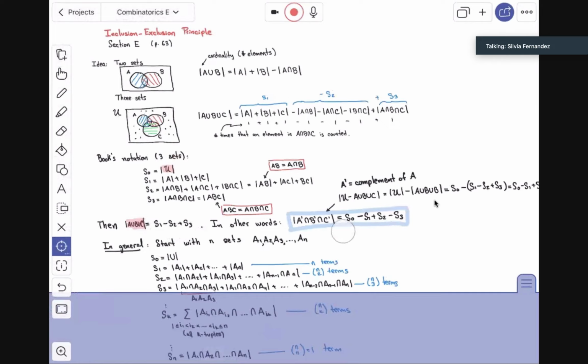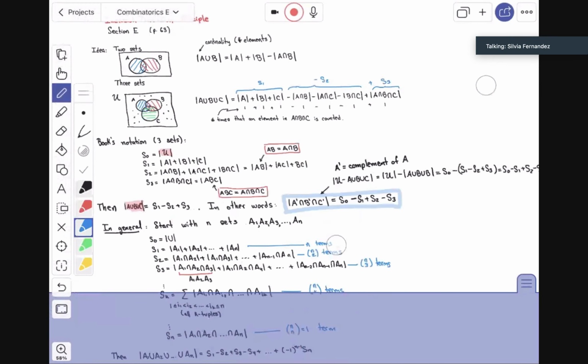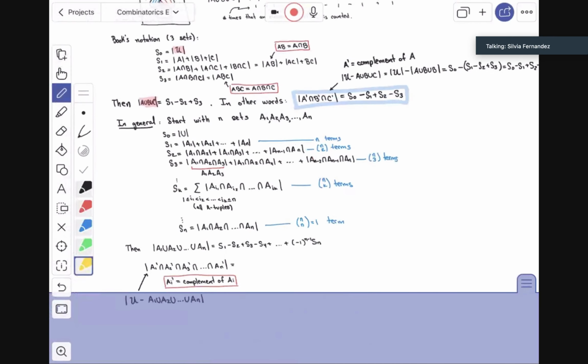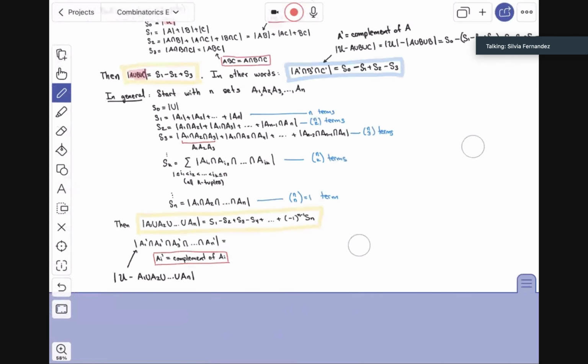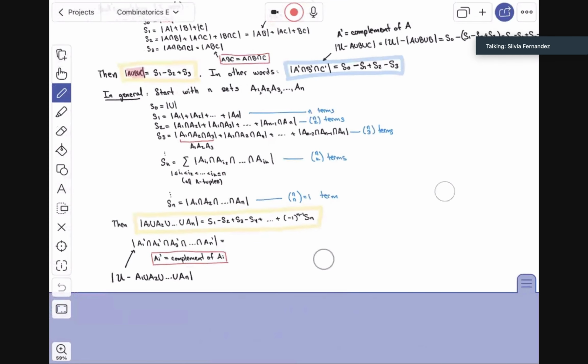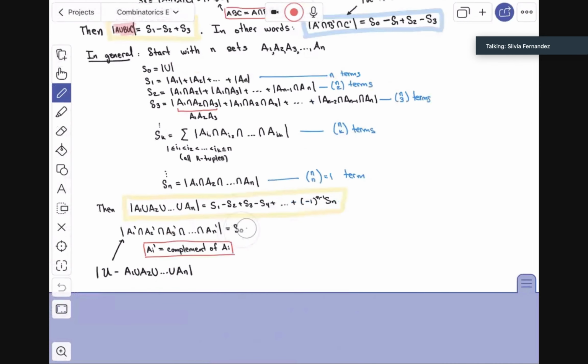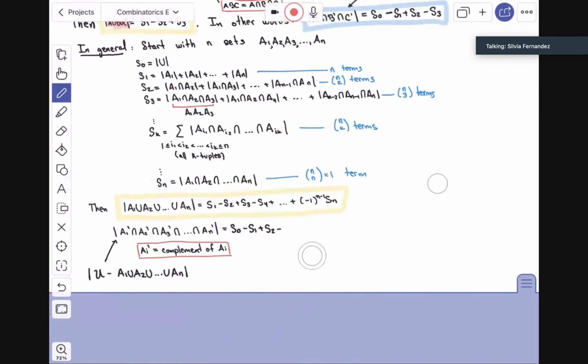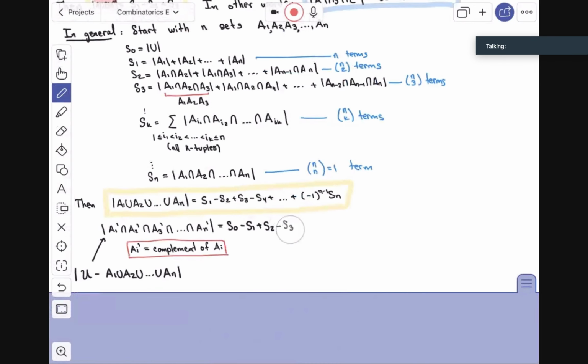Make sense? So you have both versions. So I'm going to write both versions in general. So the first version, let me see. So this version corresponds to this version right here. But the typical version that you write the inclusion-exclusion principle is for the complement. So for this one, you just write S0 minus S1 plus S2 minus S3, and so on.